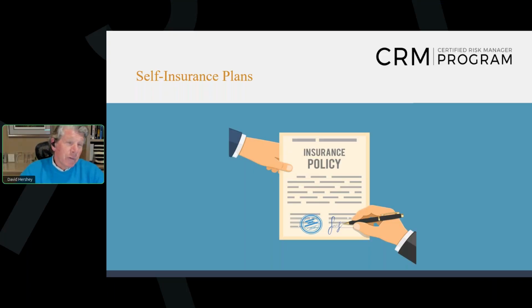I remember the very first check I had issued under our self-insurance program, and I had it done within an hour of receiving the claim, understanding it, interviewing our person that was part of the claim, and said, you know what, our fault, sorry, we owe the money, and I authorized the check.